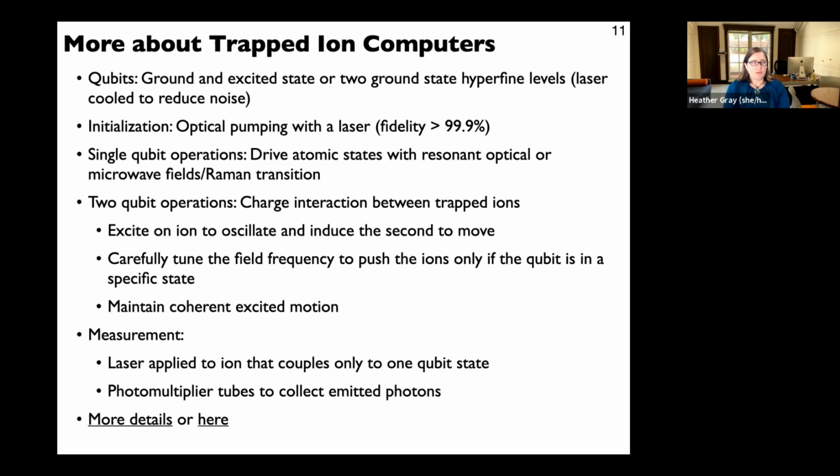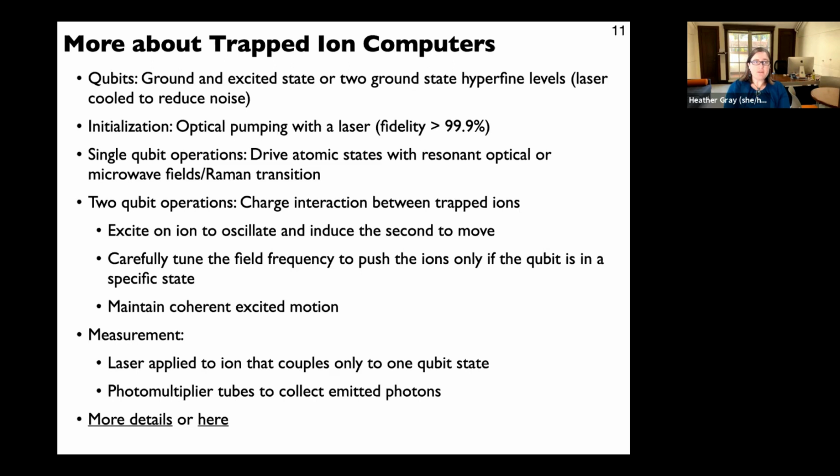Then to do the operations, it's a little bit different depending on whether you want to do single or two-qubit operations. For single-qubit operations, what you want to do is drive the atomic states with resonant optical or microwave fields. You can also, for the second kind of qubit, use the Raman transition to do that. Then for the two-qubit operations, what you want to exploit is the charge interaction between the trapped ions.